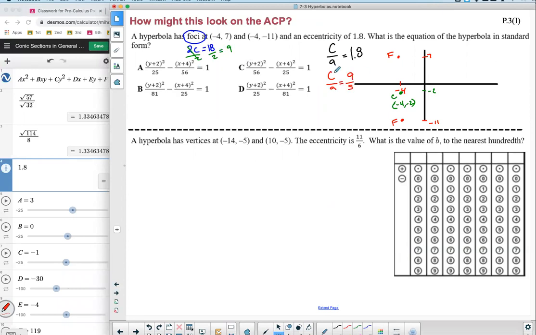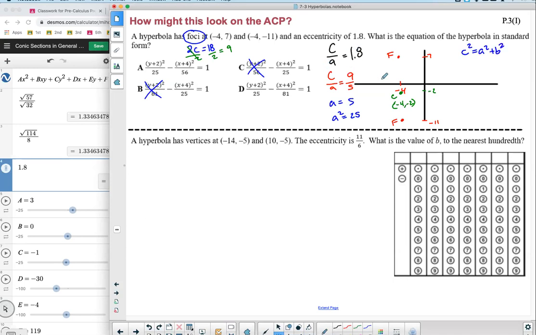Well, we already knew C is 9, but now guess what we know? A equals 5. So now I know 5 squared has to go in the front, which eliminates B and D, because A squared would equal 25 since A is 5. And just write that A equals 5. So A squared equals 25. And now for the B, you could use your ABC relationship that says C squared equals A squared plus B squared.